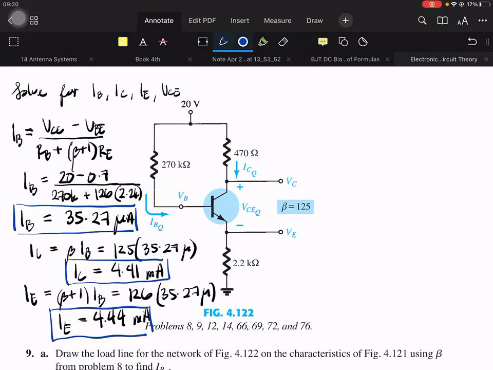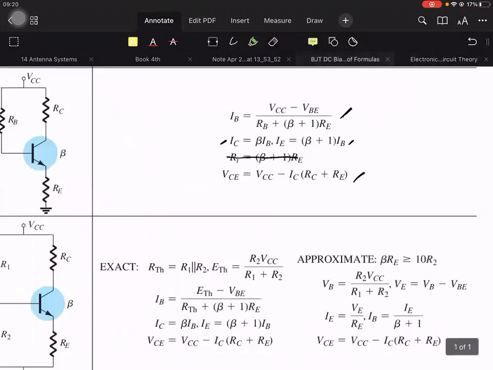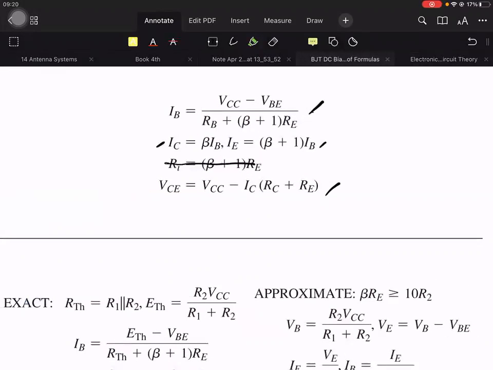Easy. VCE. VCE is equal to VCC minus IC quantity RC plus RE.